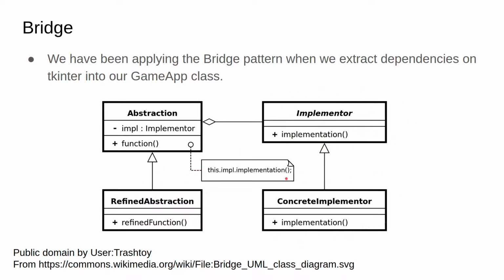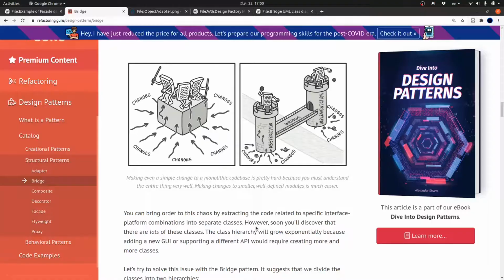If you look at the image from Refactoring Guru, it's kind of nice. Previously you combine the whole thing here, but then you split it into abstraction and implementation. In our case, this is the abstract game app, and this is the implementation part of the game app that depends on TTK frame.